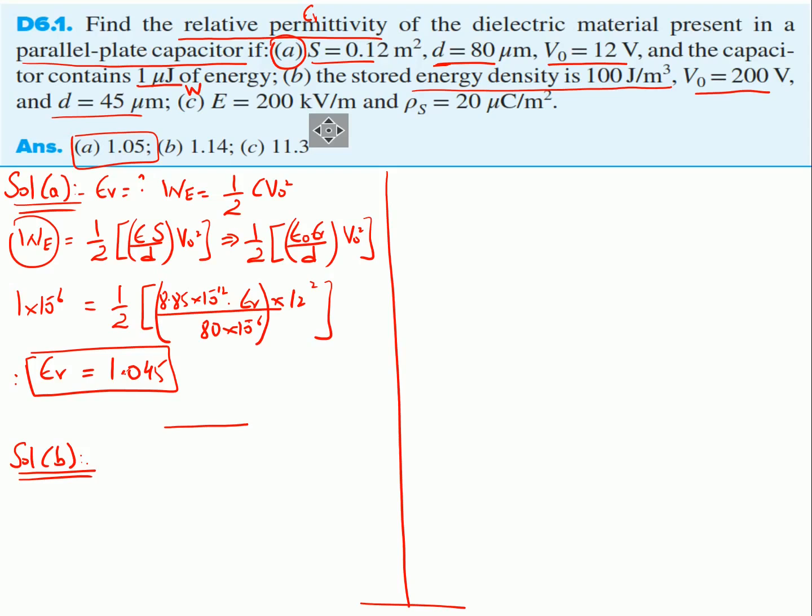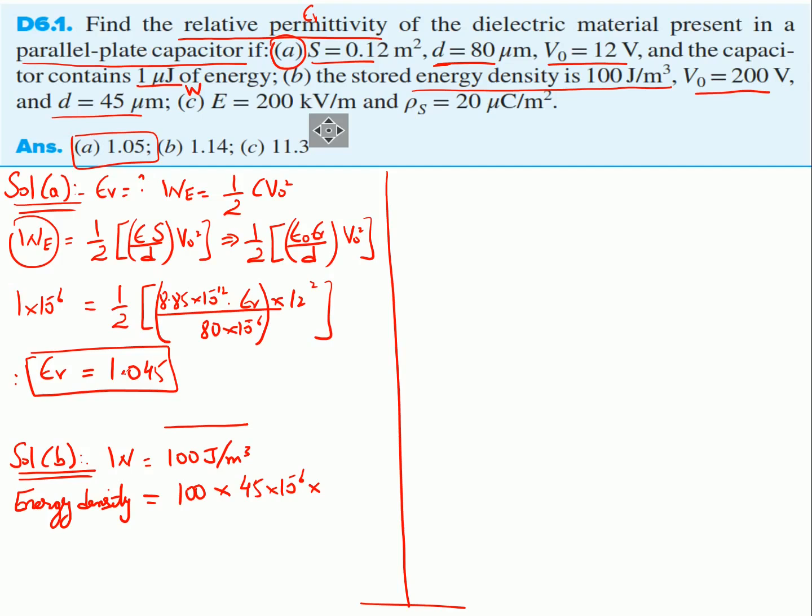So we have been given that the energy stored is 100 joules per meter cube, and we can utilize the distance and capacitance such that the total energy density, which means the energy per unit volume, is dependent upon the energy covering the distance and the potential in meter square.